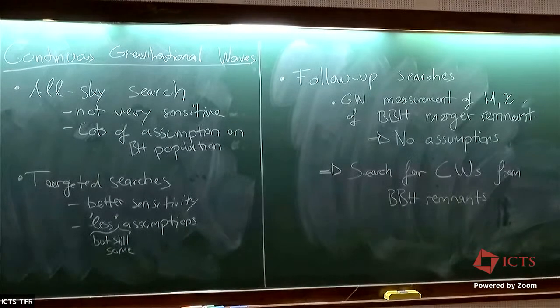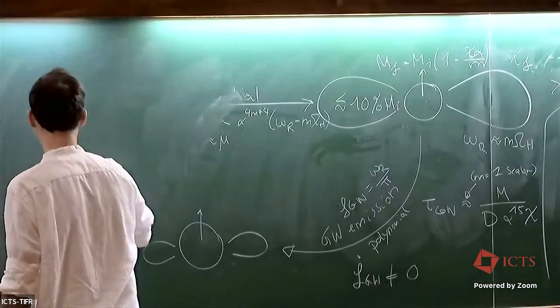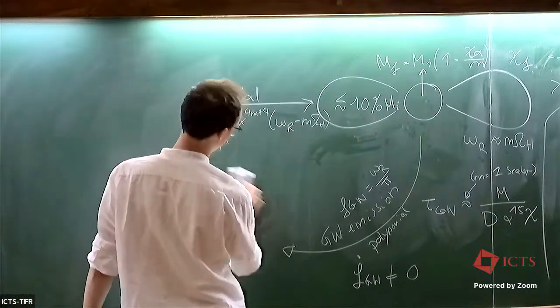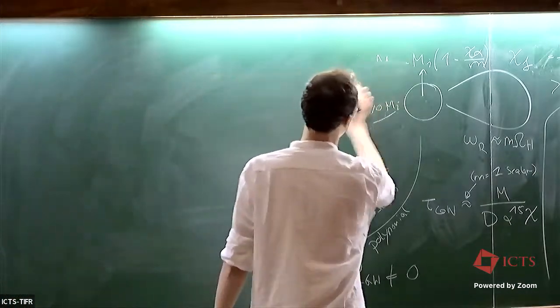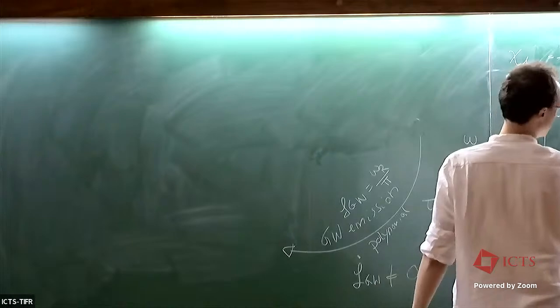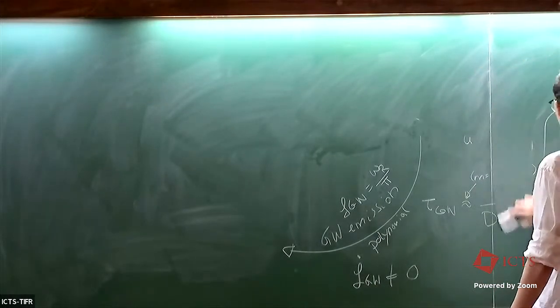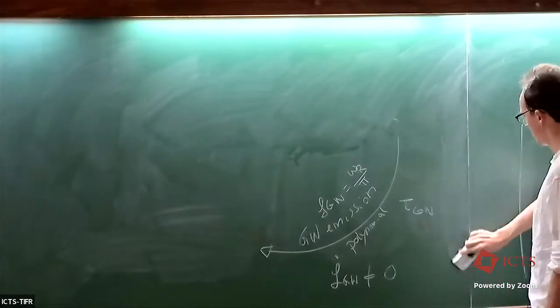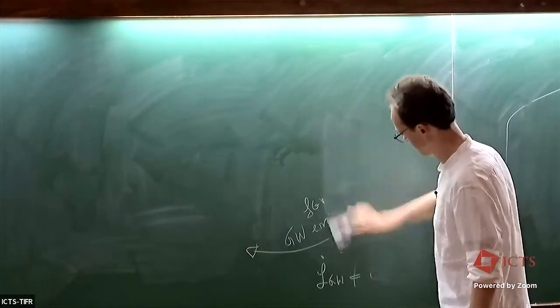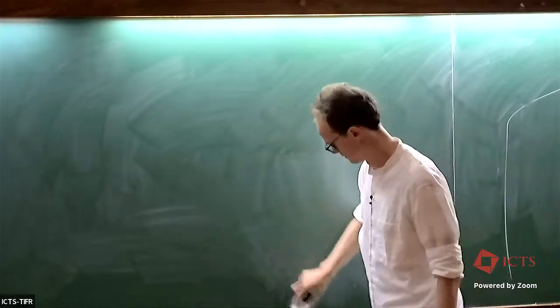But then on the theory side, what people have been thinking about is basically to understand how some of these motivations here can actually lead to a change of this superradiance story that I've been telling you over the last couple of days.